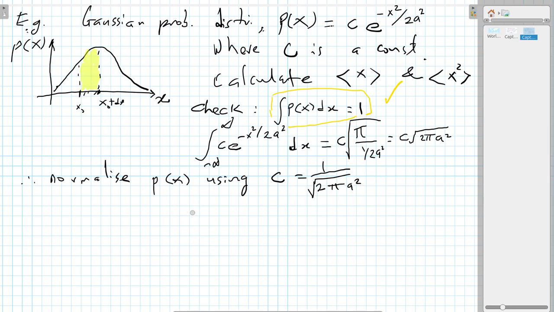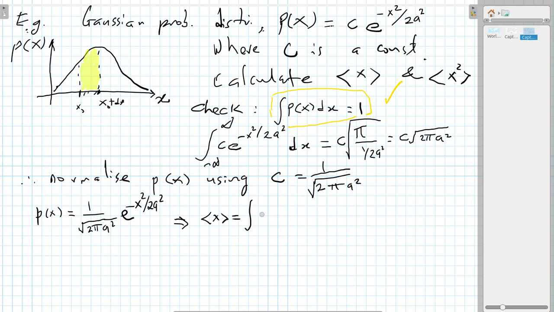Using that, the next thing is, using the normalized probability distribution, we can compute the average. So now we have p of x equal to 1 divided by the square root of 2 pi a squared, e to the minus x squared all over 2a squared. Using that you can compute the average of x as follows.